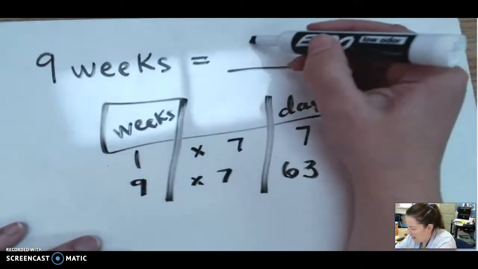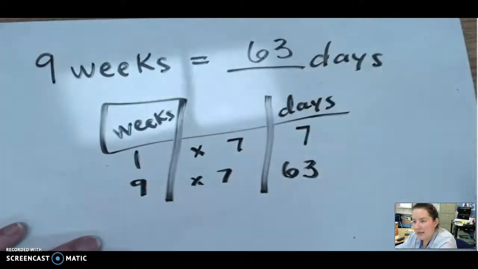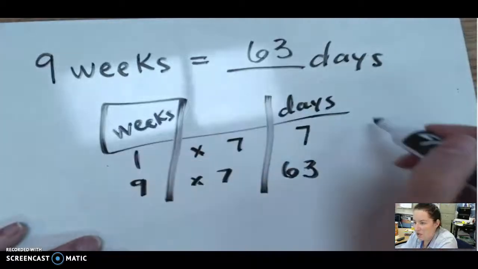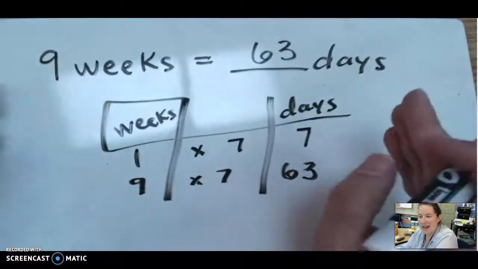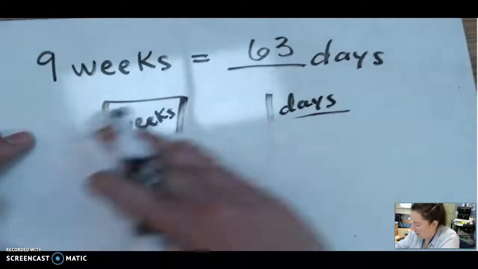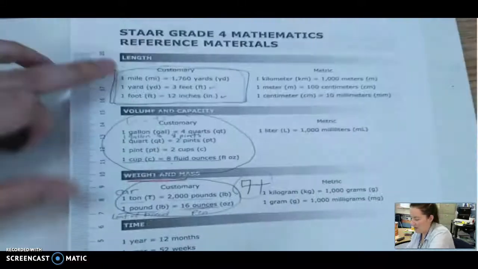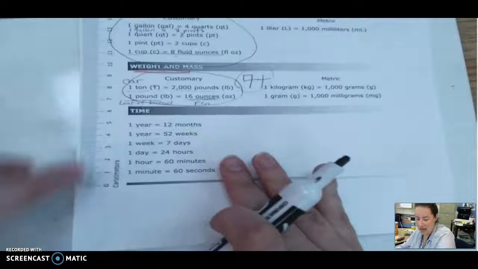So 9 weeks is 63 days. So still using this chart to help me figure out questions about time. I still use the same strategies, except for instead of using the measurements, I'm using the time info down here. Okay, let's try another one.